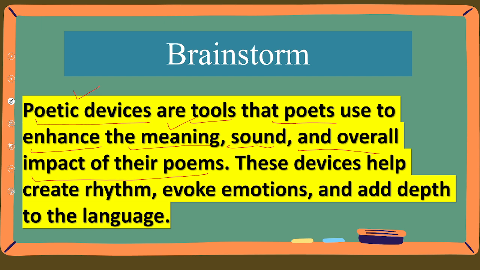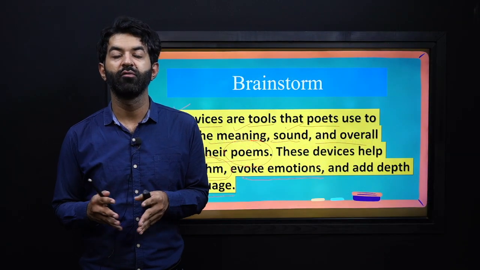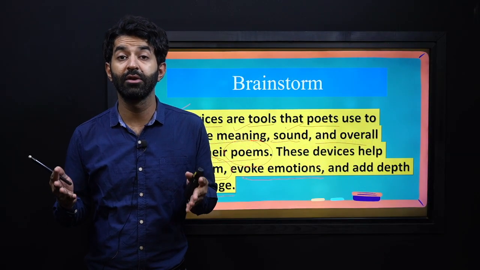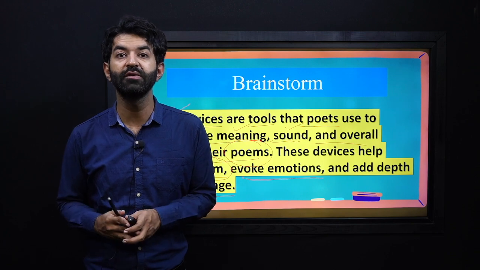So poetic devices help the poet with sound and also with other things so that they can make powerful poems. These devices help create rhythm, evoke emotions, and add depth to the language. So another thing that we can achieve is rhythm, a flow, a pattern that we see in a poem which makes it interesting and also easy to memorize.